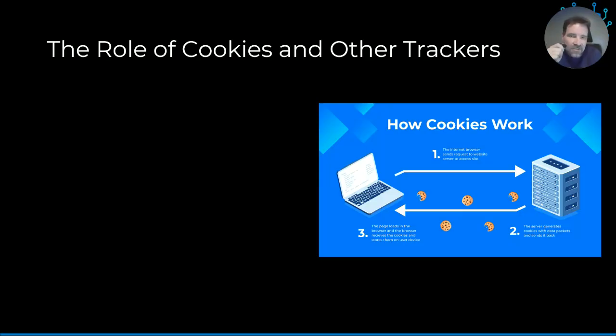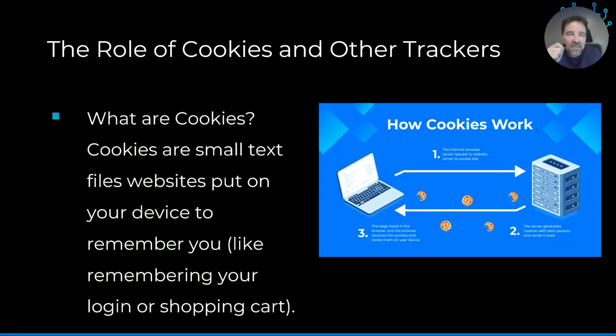Cookies and other trackers. As I mentioned before, a cookie is a file that a specific website installs on your browser when you visit it, right? And then it uses that file to identify you and to collect specific data about your usage of that site and sometimes of other sites. A good example of a cookie is the shopping cart on any shopping site that you use.